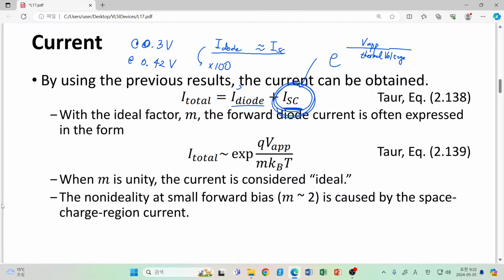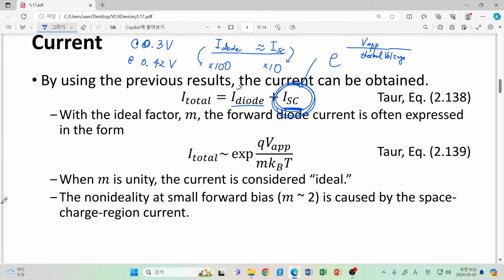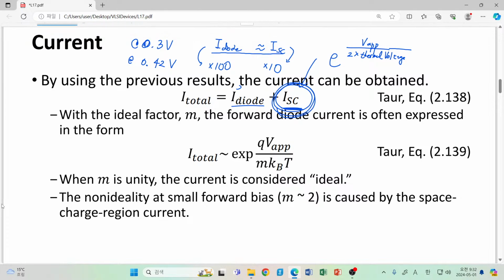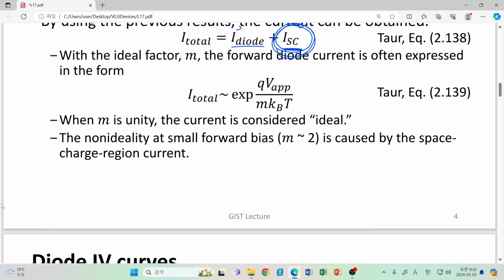But in the case of our space charge current, the increase is not like 100 times. It will increase only by a factor of just 10. Why? Because here we have a factor 2 in its input argument, so it just happens in the logarithmic scale.